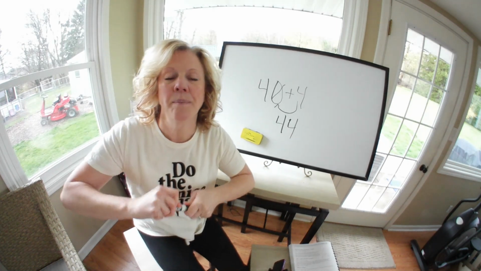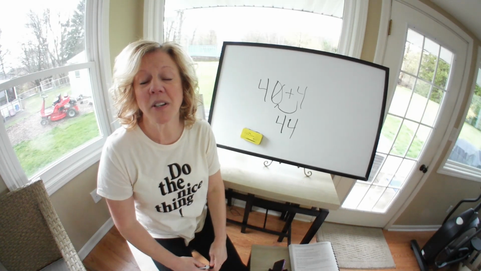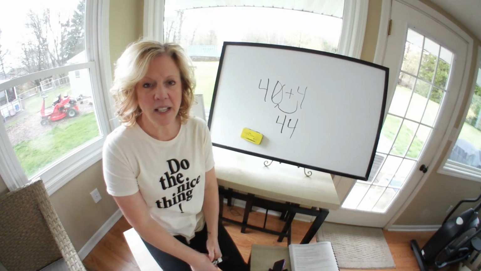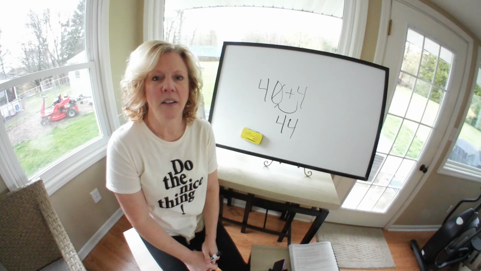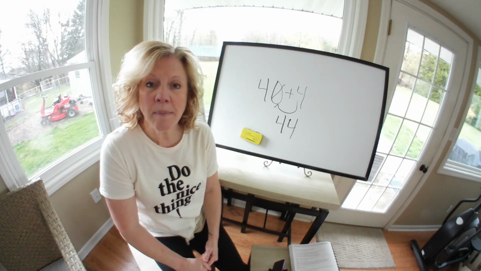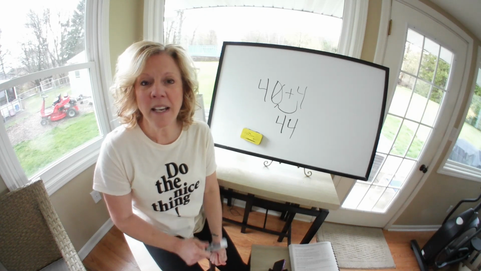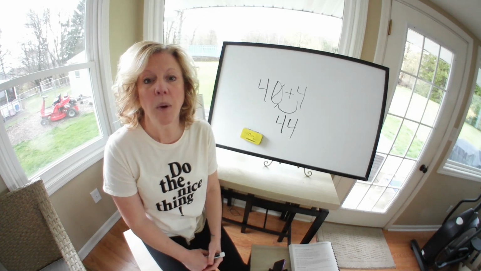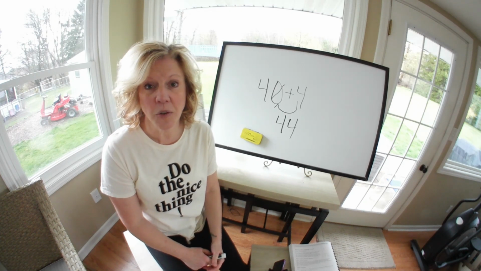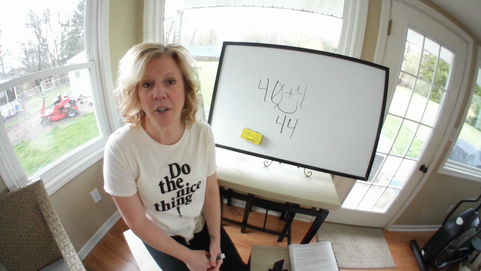Let's do one more. Ready? How about we'll use the number 6. How about 70 plus 6? You got it. It's 76. So I want you just to remember that you can add any 10 you want, because all you're going to do is replace the 0 with that extra number, and it should be easy for you to do.